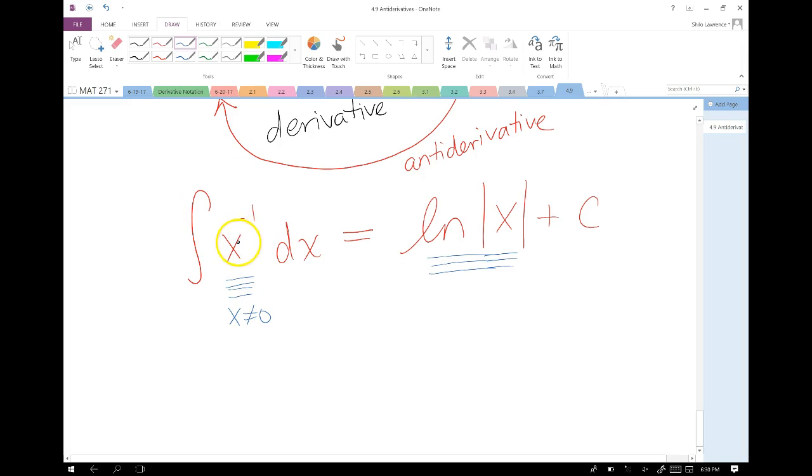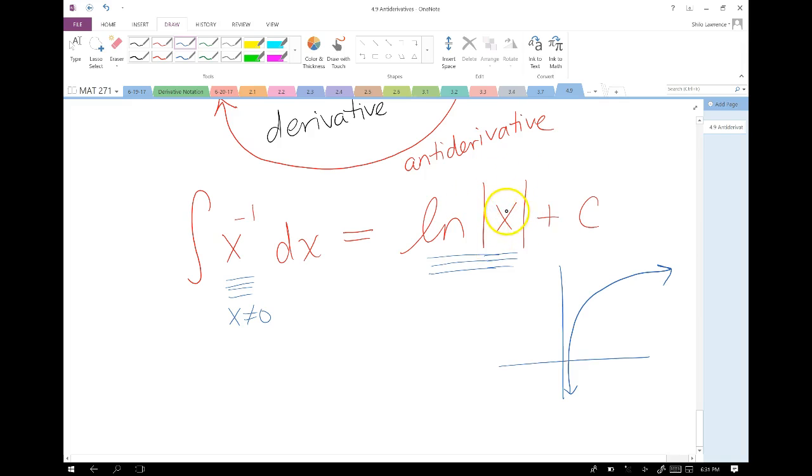So I want to make sure that I could use all of the same numbers in my answer. Well, when I do my antiderivative, it turns into a log. And the log function is only defined for positive values of x. So that's not good. All of a sudden, I've excluded half of the domain. So in order to fix that, what we do is we put these absolute value bars around our x, which means we can now use the whole negative side as well.